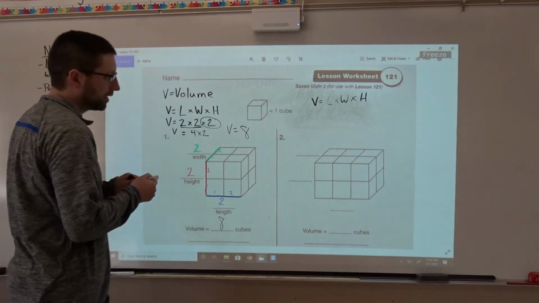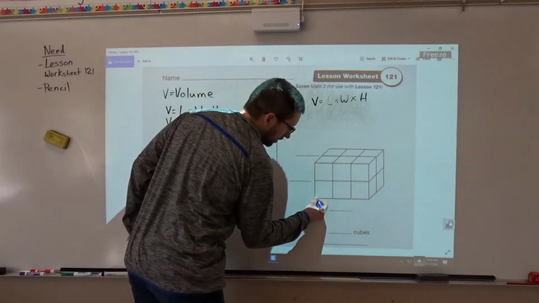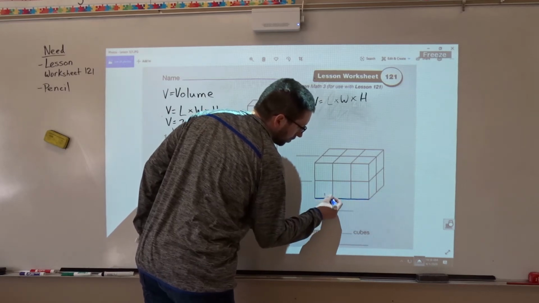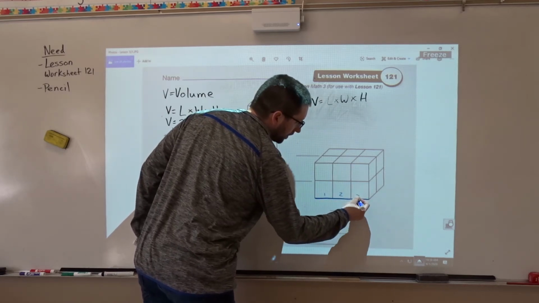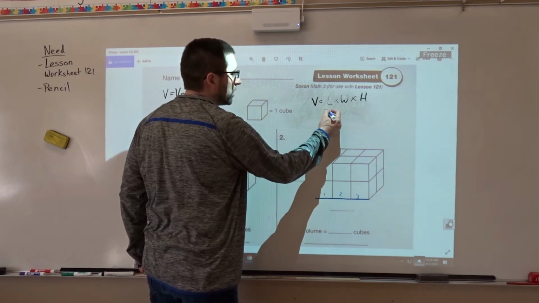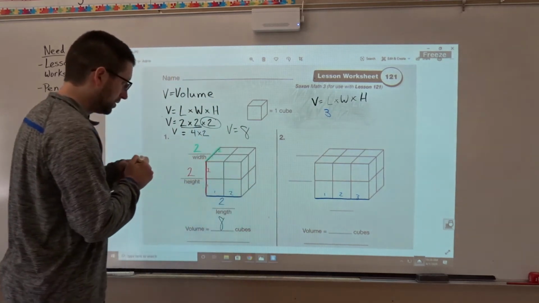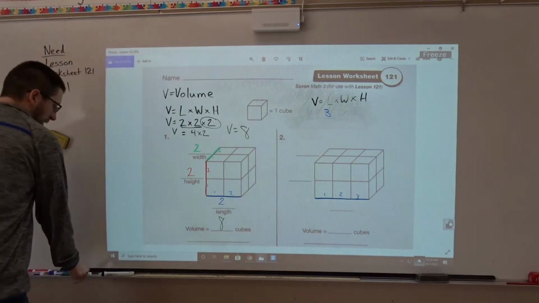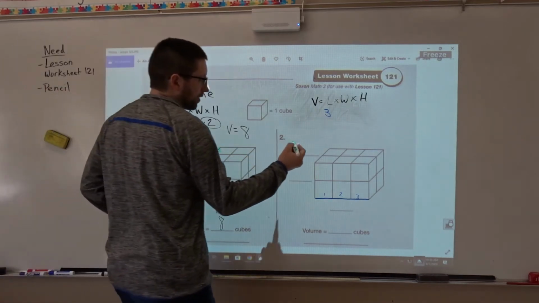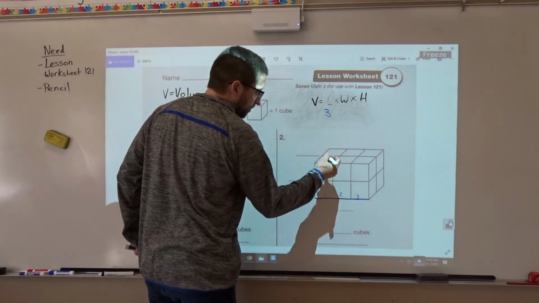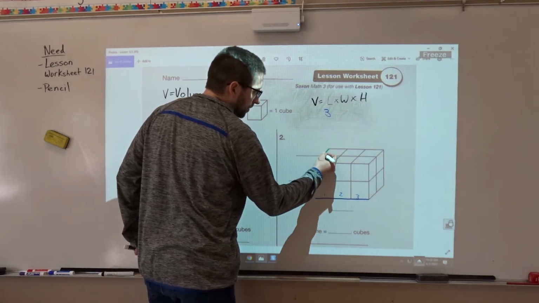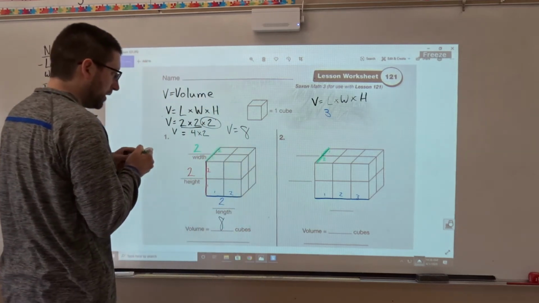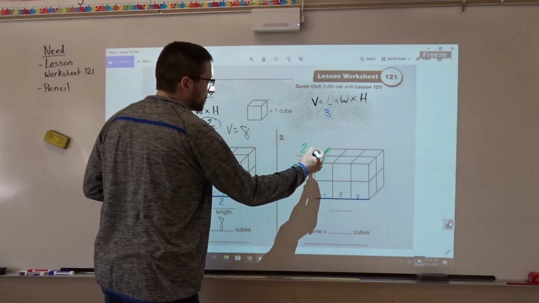And my length is right here. That is 1, 2, 3. So for the L, I'm going to put a 3. For the width, that is 2 cubes wide. So I'm going to put a 2 here.